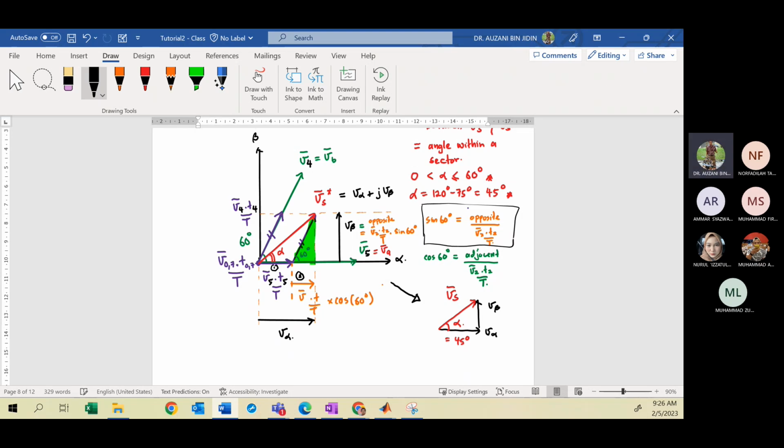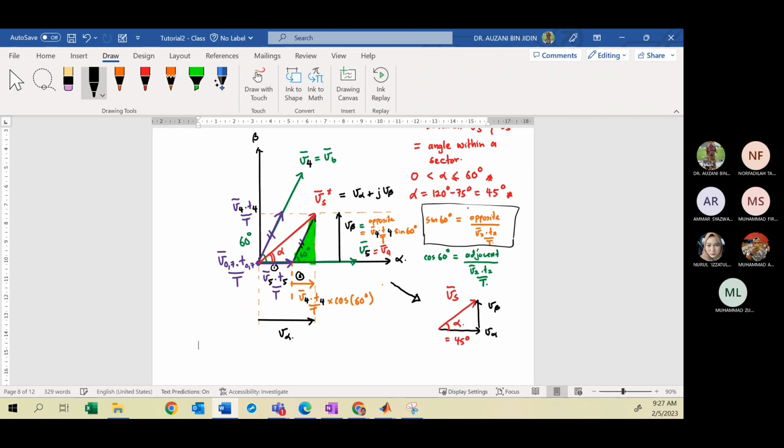V4, T4 per T. Then to calculate the orange component vector here, you have to use the cos function, right? Cos 60 degrees. So here will be V4, T4 per T, right? And this one, sorry, V beta, sine, opposite over hypotenuse, V4, right? Here V4, right?